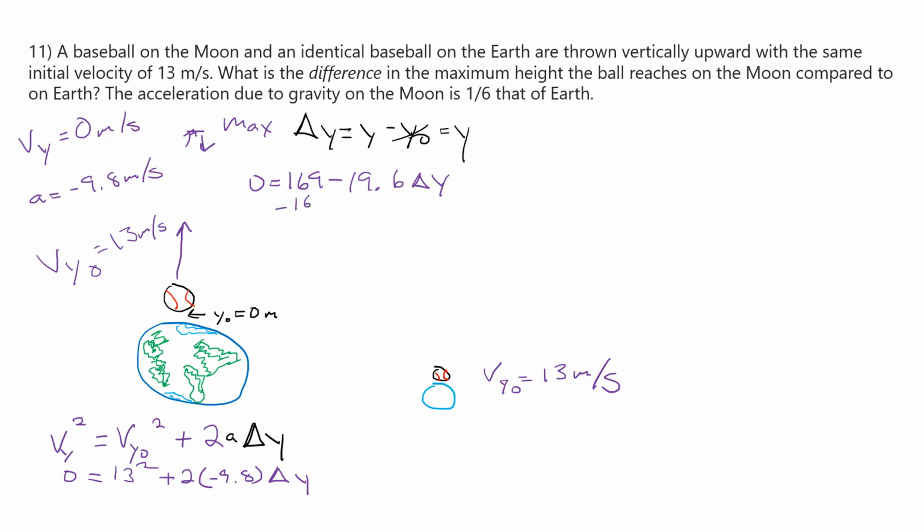So I subtract 169 from both sides. This is basic algebra. I get negative 169 is equal to negative 19.6 times delta y. Divide both sides by negative 19.6.